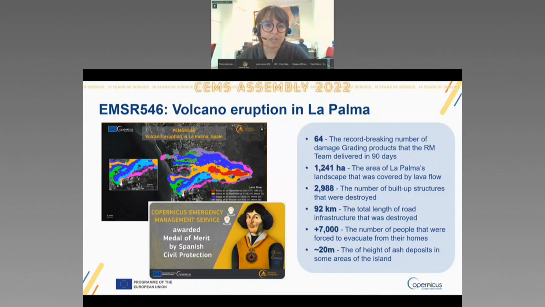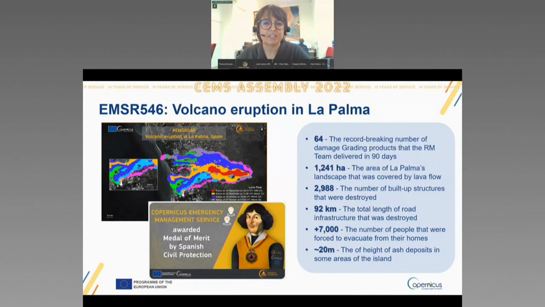During the whole emergency, more than 7,000 people were forced to evacuate their homes, and so these are the very impressive numbers of this activation.